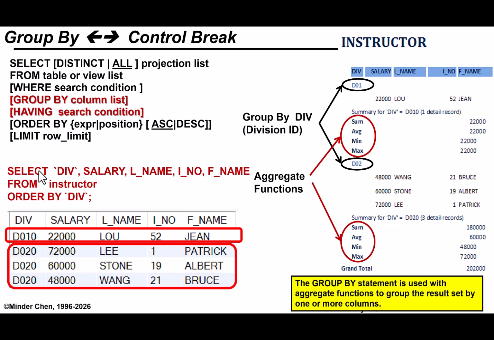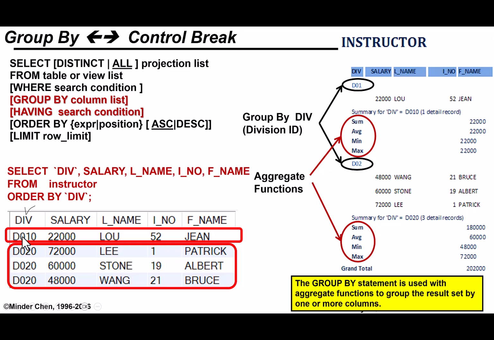So if we have a select statement such as this one for the instructor, from the instructor table, and we group the instructor information by the division, one thing to be aware of: in this case, we haven't used group by yet. So we sorted by the division such that you can see the grouping.